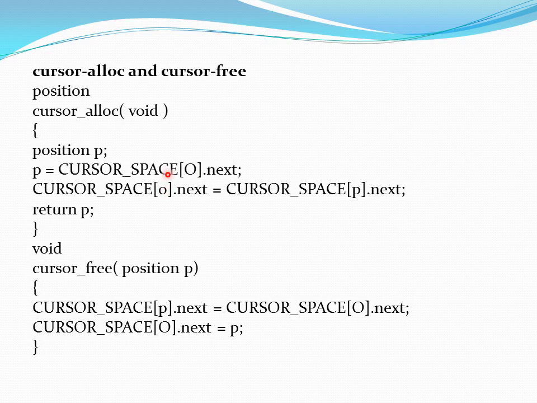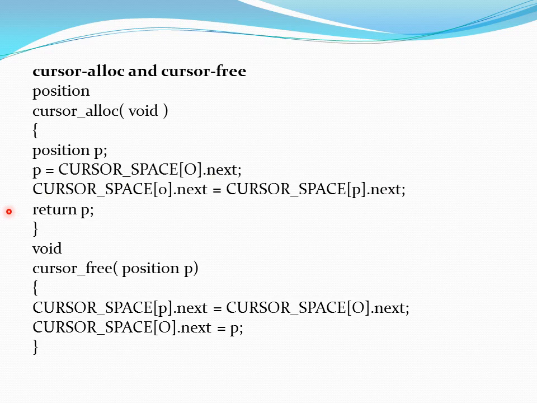Cursor space of 0 dot next means next free position is got in P. Cursor space of 0 dot next equal to cursor space of P dot next.